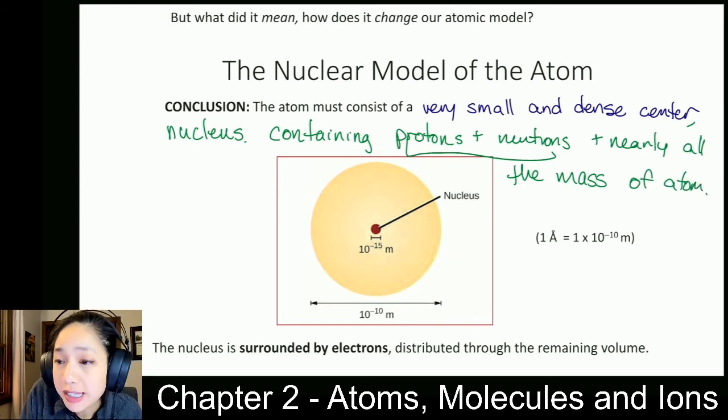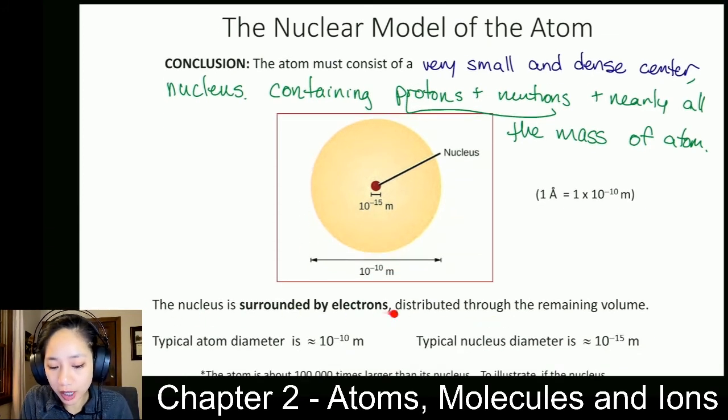And then the rest of the atom is empty space, and that is where the electrons reside. So the nucleus is surrounded by the electrons that are distributed around the rest of the volume of the atom.